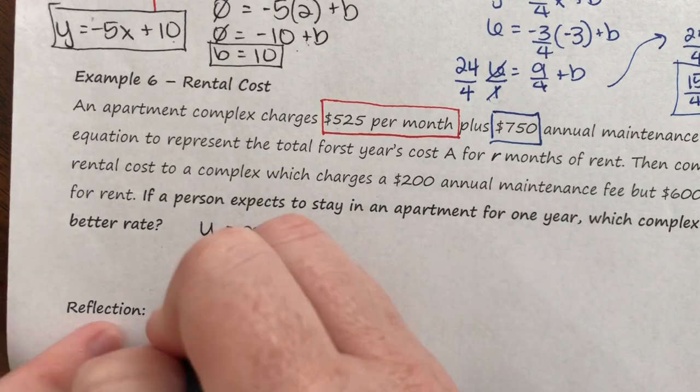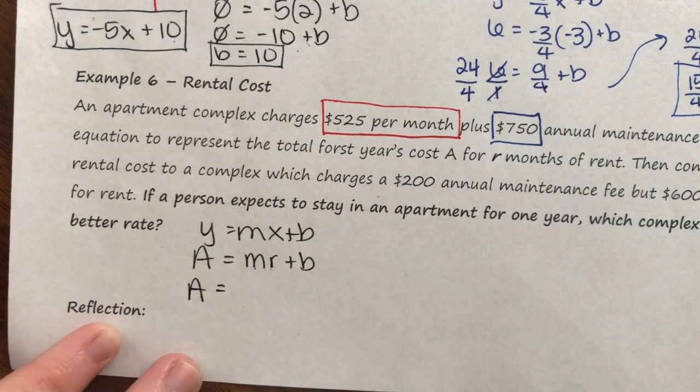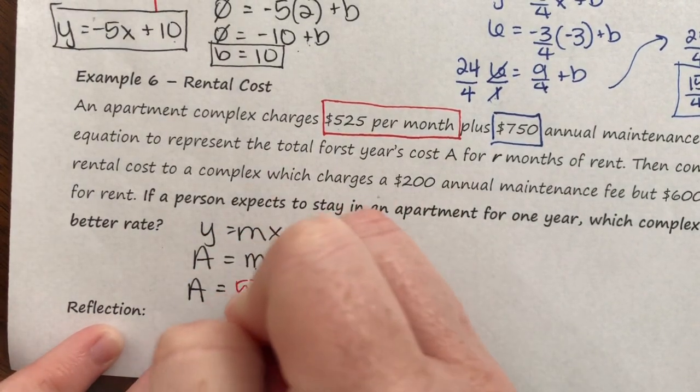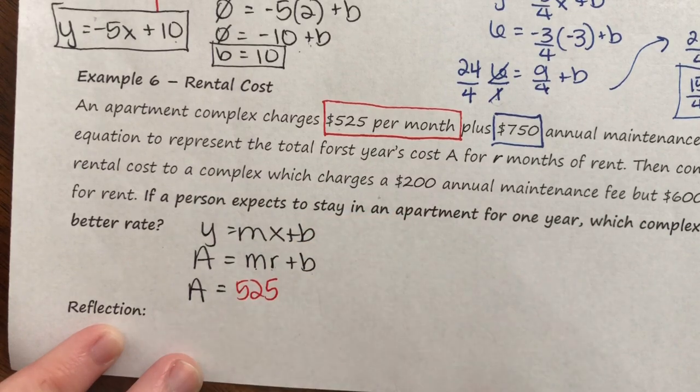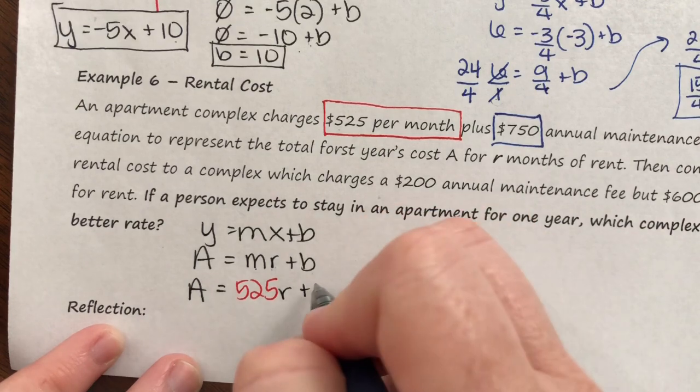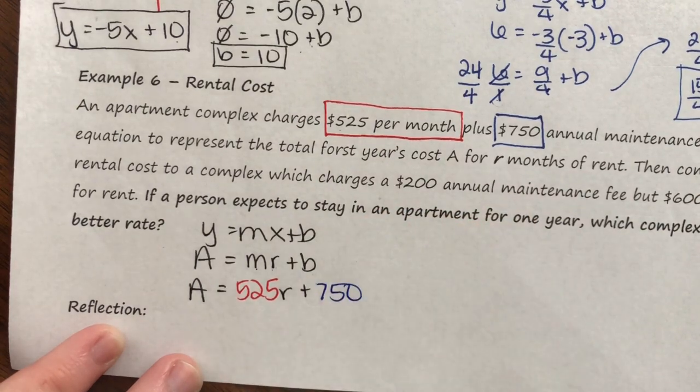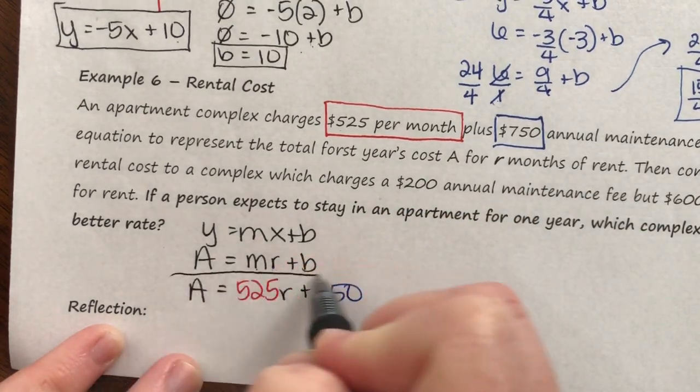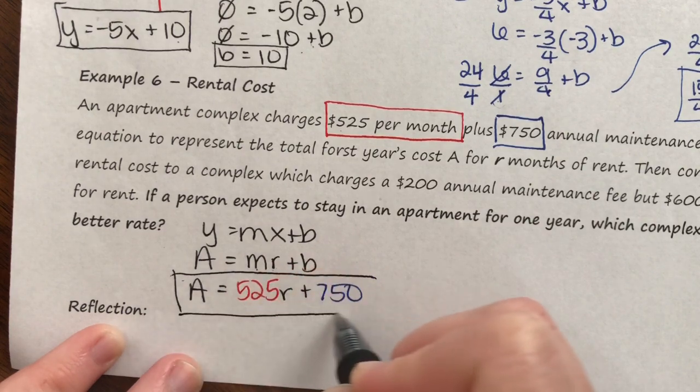So we're going to say A equals $525R plus, and then it always charges just a yearly $750 fee. So that's the equation for our first apartment.